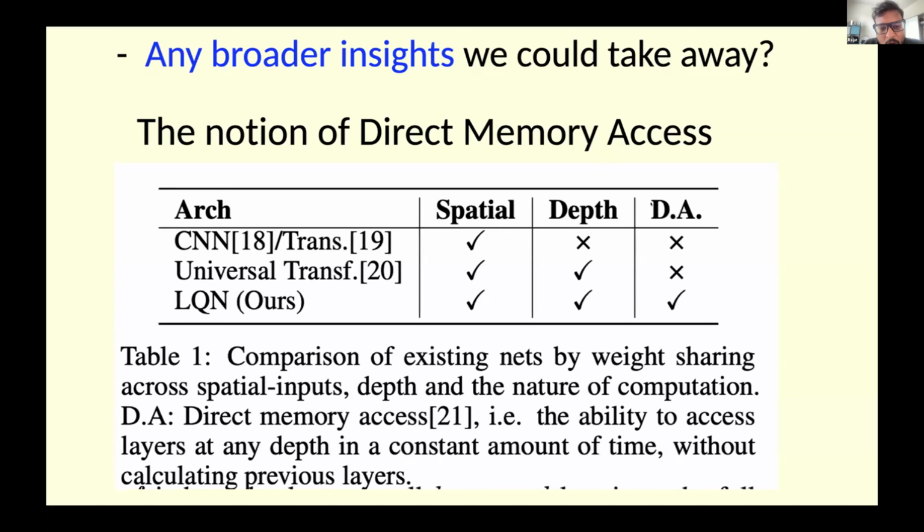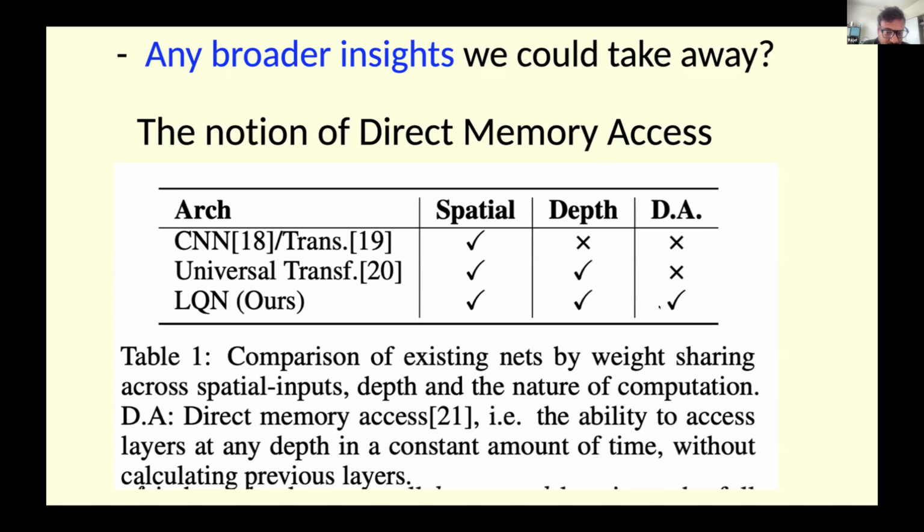It allows the architecture to predict what is at any layer in a constant amount of time, and that is actually orthogonal to deep learning. It's the property of an architecture in which it can access whatever is at a particular depth in a constant amount of time, and that is what our architecture enables.